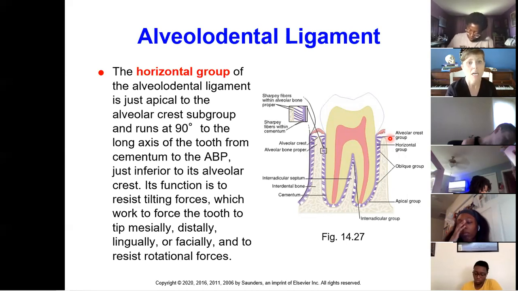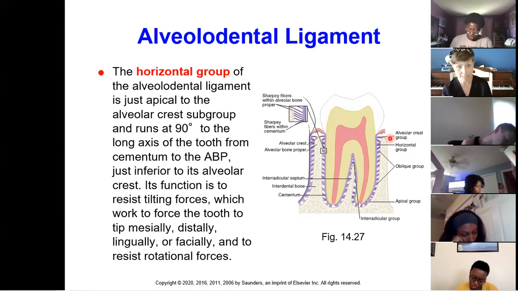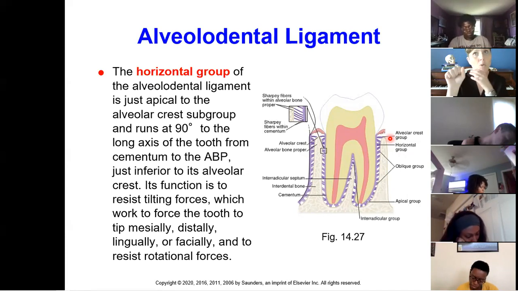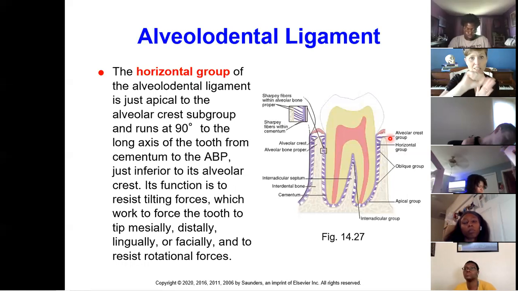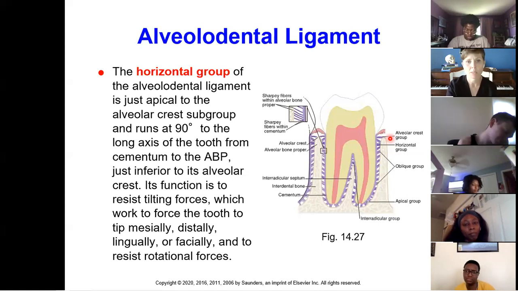Their function is to resist tilting forces, which work to tip the tooth mesially, distally, lingually or facially, and to resist rotational forces. If those teeth are tilting, bone has to go away for that tilting to happen, therefore messing with the ligaments.